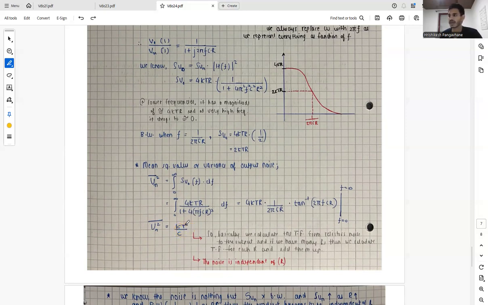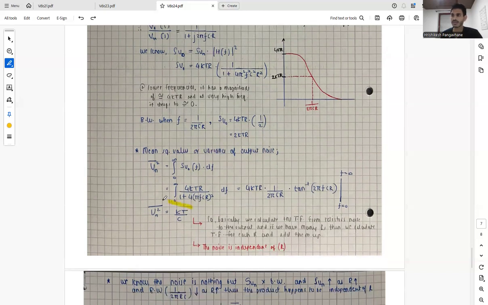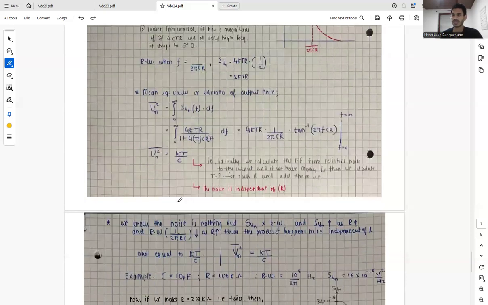So basically we calculate the transfer function from resistor noise to the output, and if we have many resistors, then we calculate the transfer function for each resistor and add them up. We have discussed that, but what fascinates is the mean square value is independent of the resistor value R.